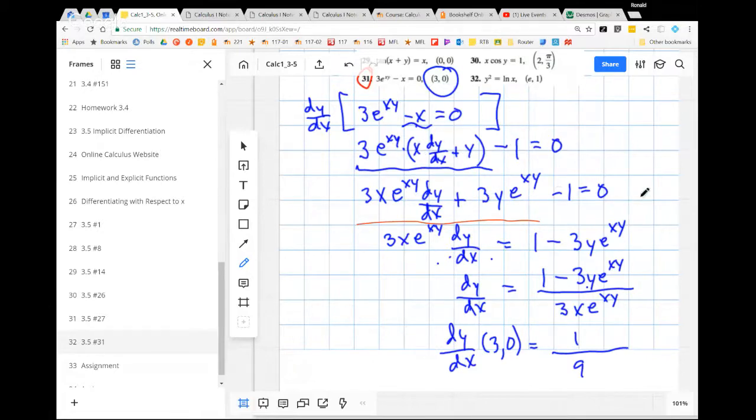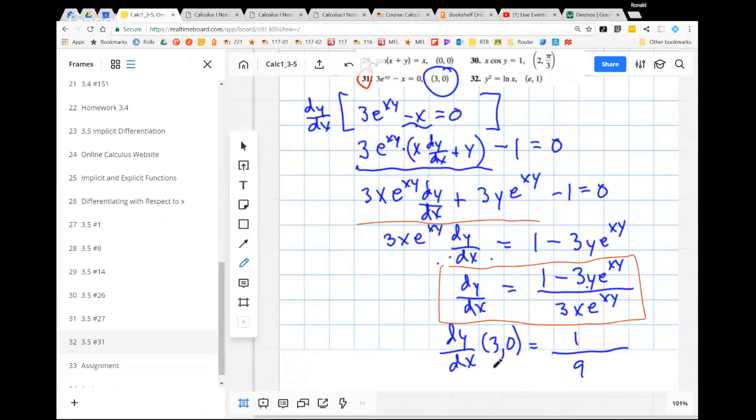And then, all right, so now the idea is to get the dy dx term by itself. So I subtracted the 3y e to the xy. I'm sorry, yeah, I subtracted that, and that brought it over here. And then all I had to do is divide both sides by 3x e to the xy. Okay, there is our general derivative. I can't cancel those 3's because the one on top is being subtracted.